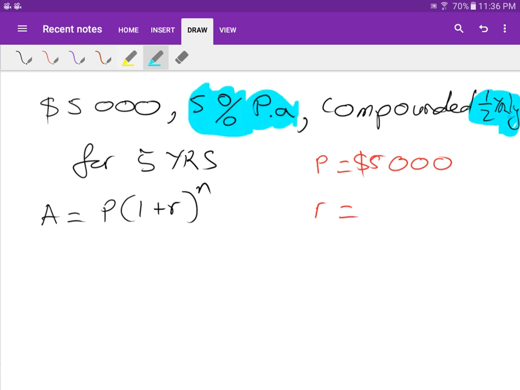They pay you every 6 months, half yearly, so in 1 year they pay you twice. They don't pay you 5% every time. If they paid you 5%, and another 5% half yearly, that would become 10% per year, so you can't do that. So what you do is take the 5% per year, and since you are paid twice a year, you divide it into two.